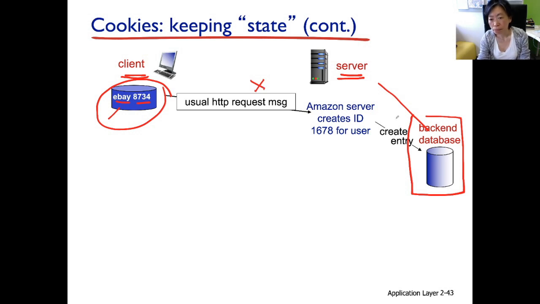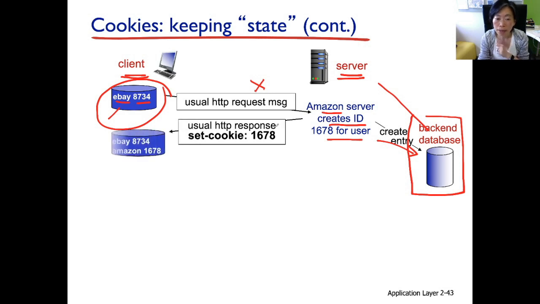When Amazon.com receives the HTTP request, it will try to grab the objects that you're looking for and generate the HTTP response with it. But in the meantime, it will be creating an ID for this particular user and adding that to the database.